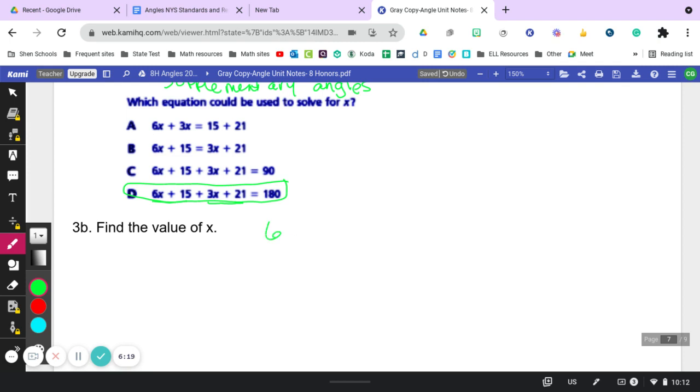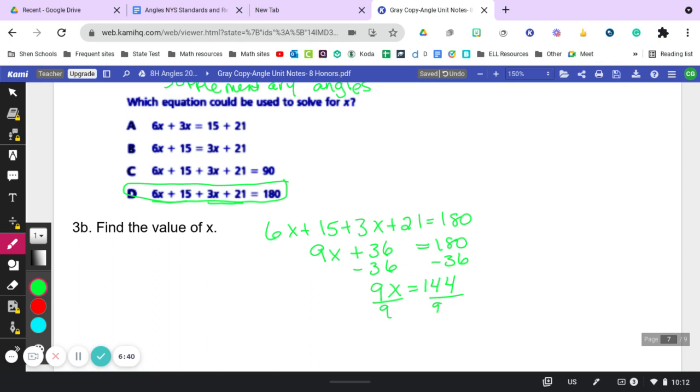So we're going to take that equation and solve for x. Combining my like terms, 9x plus 36 equals 180. Subtract 36 and get 9x equals 144. Divide each side by 9 and x equals 16.